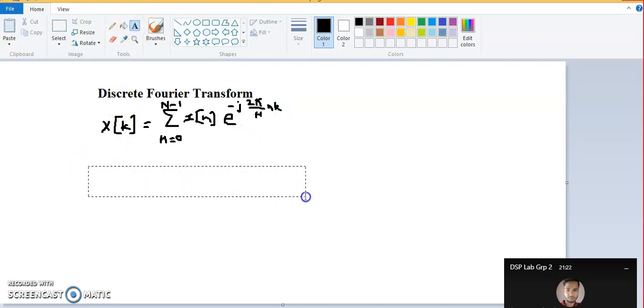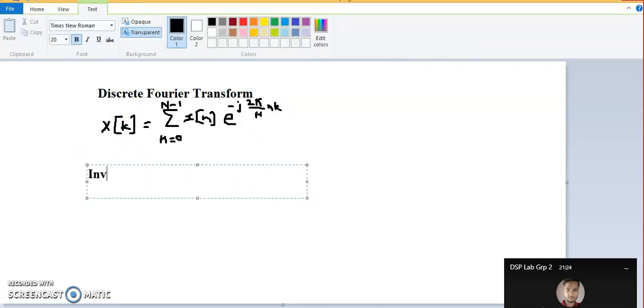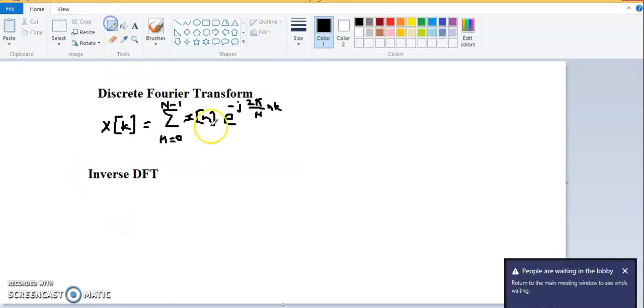And what is inverse DFT? Inverse DFT is when we move from the k domain to the n domain.